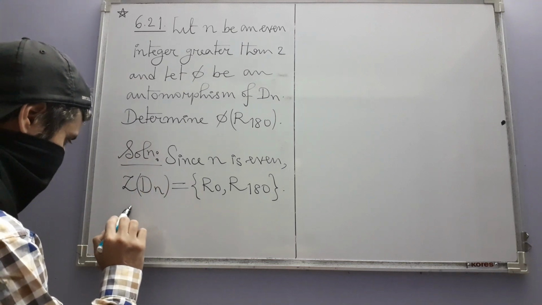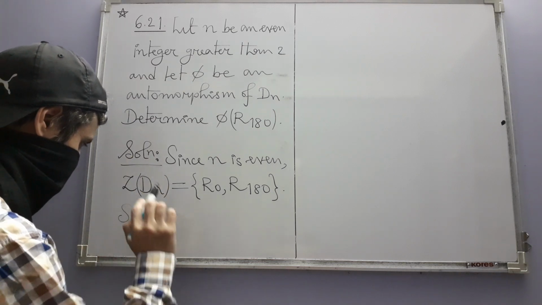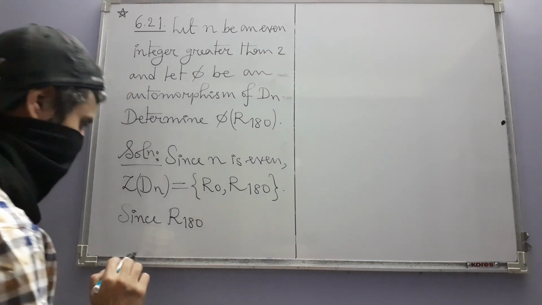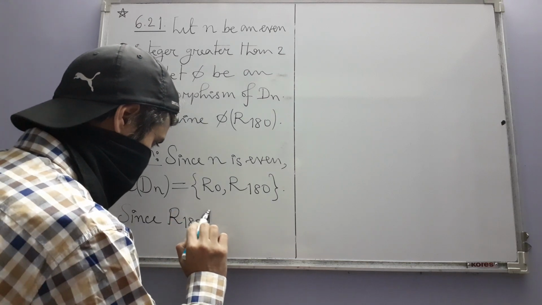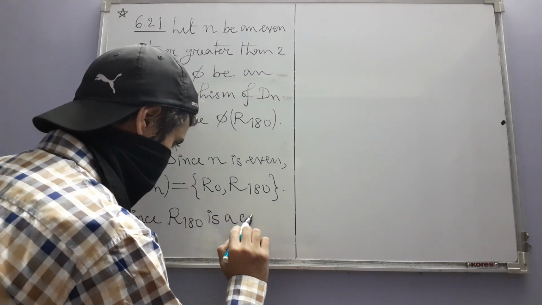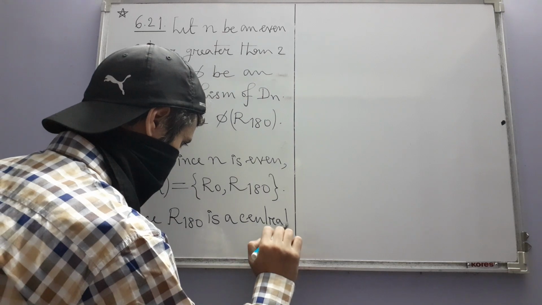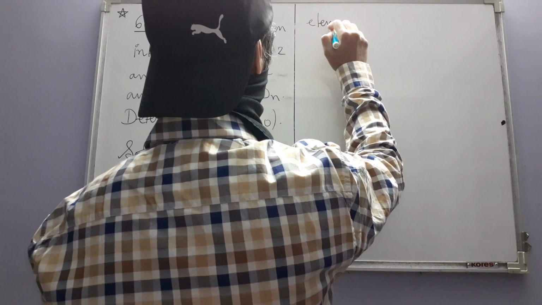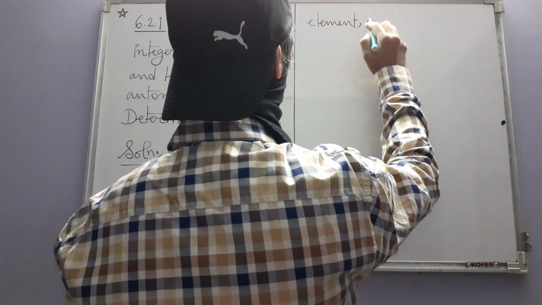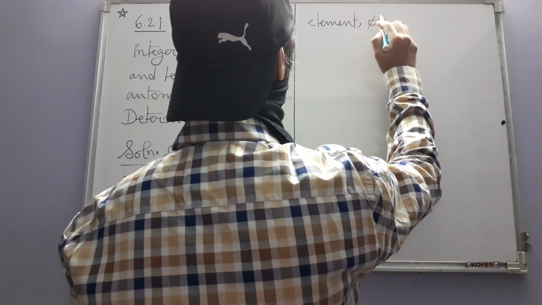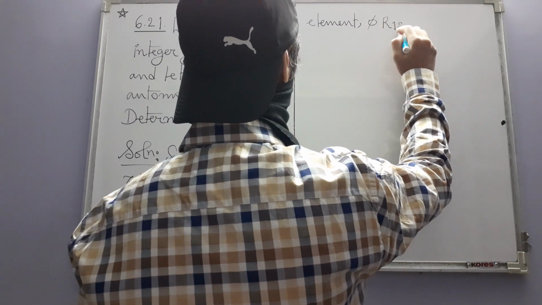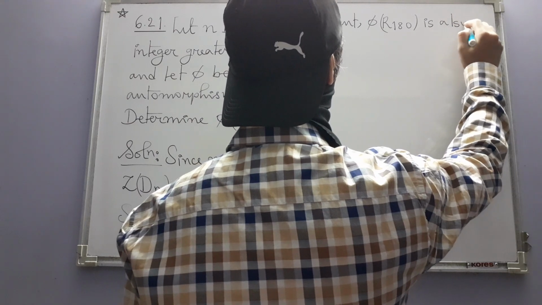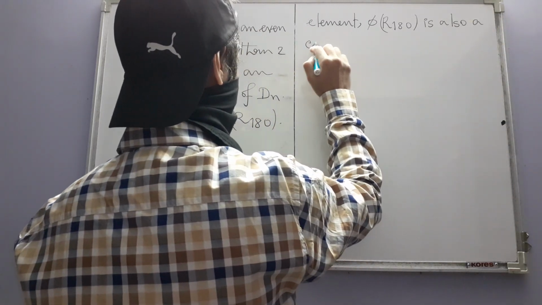Now, since R180 is a central element, phi of R180 is also a central element.